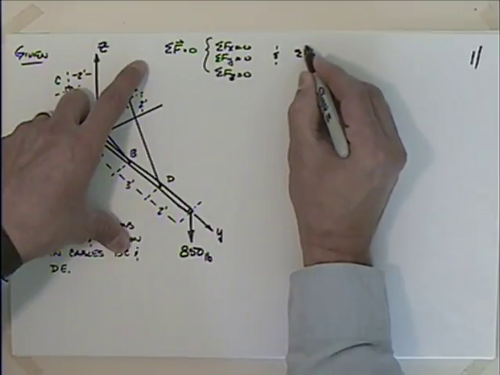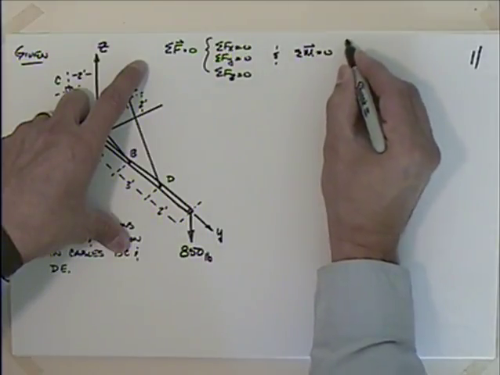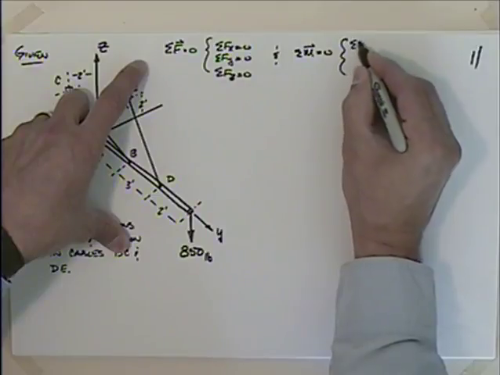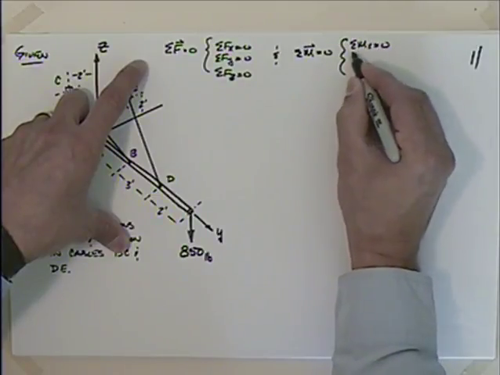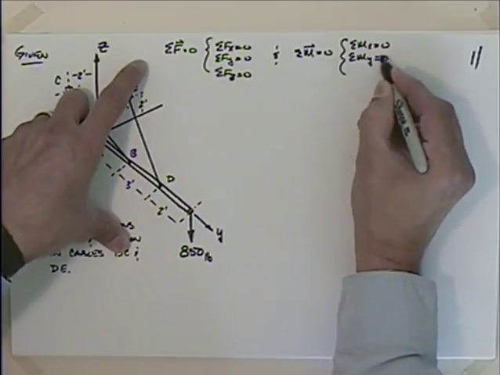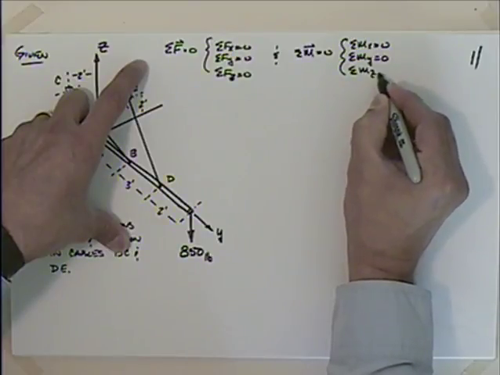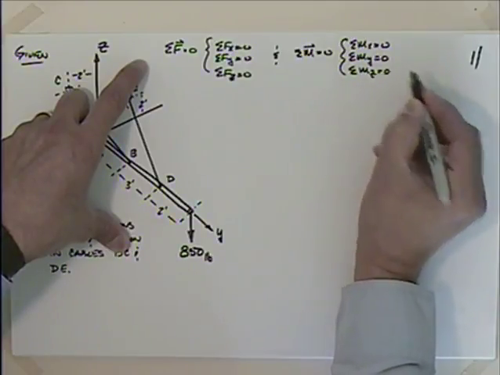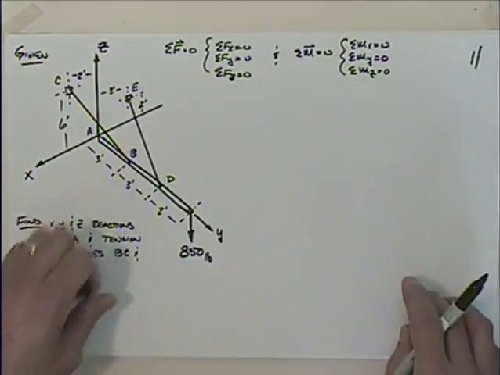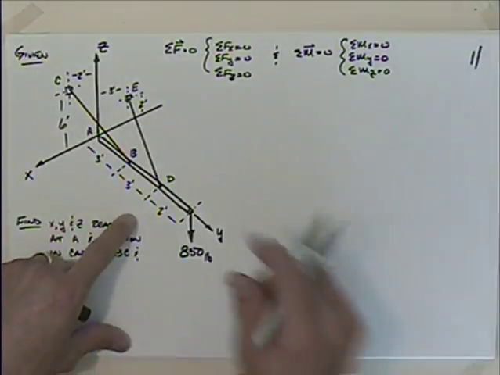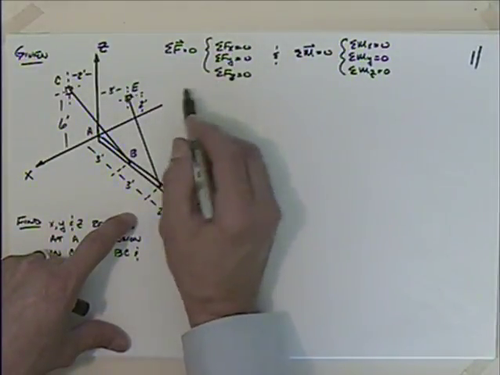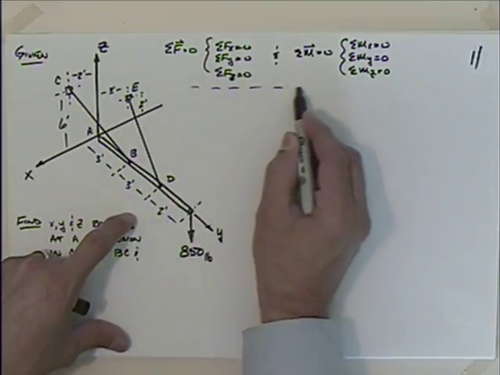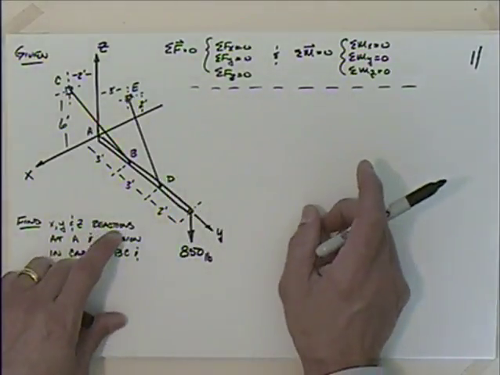Sum of the moments equal to 0 would net us the sum of the moments about the x-axis is equal to 0, sum of the moments about the y-axis is equal to 0, and sum of the moments about the z-axis is equal to 0. So with those 6 equations, we could tolerate 6 possible unknowns. So we'll keep those in mind as we go through this particular problem.